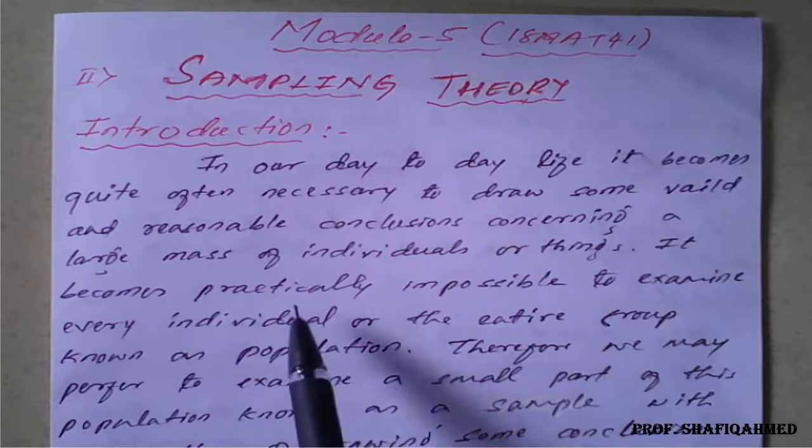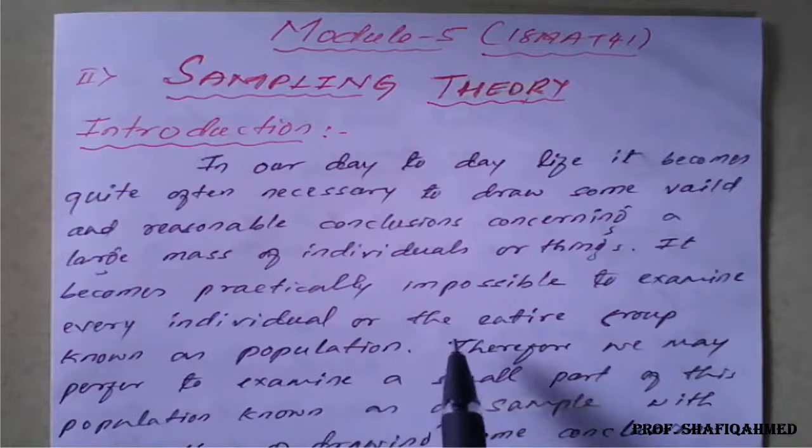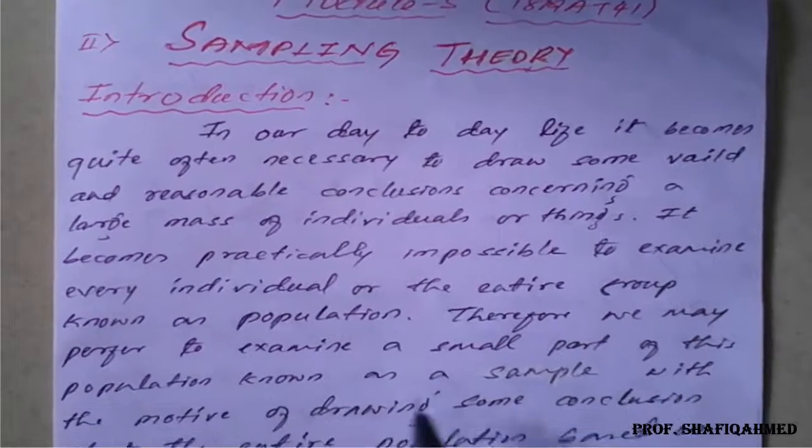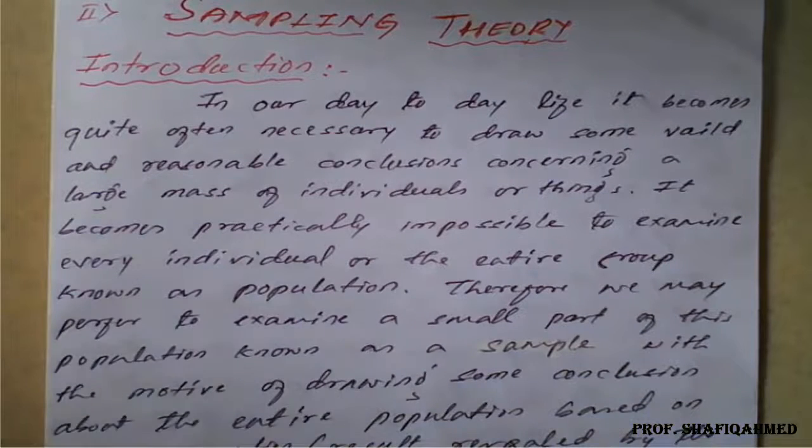It is practically impossible to examine every individual, meaning we cannot examine each and every part of the sweet. We need to take just one sample, one piece. Therefore we prefer to examine only a small part of this population: out of the 10 kg, we take only one small piece to taste.